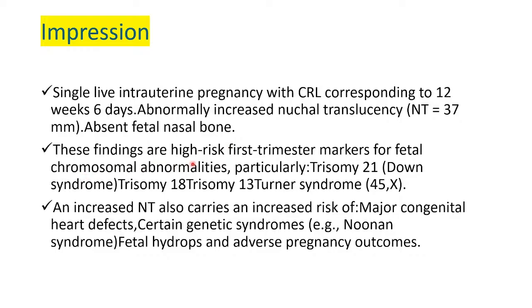These findings are high risk first trimester markers for fetal chromosomal aberrations, particularly trisomy 21, Down syndrome, trisomy 18, and trisomy 13, and Turner syndrome, 45X. An increased NT also carries an increased risk of major congenital heart defects, certain genetic syndromes, e.g. Noonan syndrome, fetal hydrops, and adverse pregnancy outcomes.